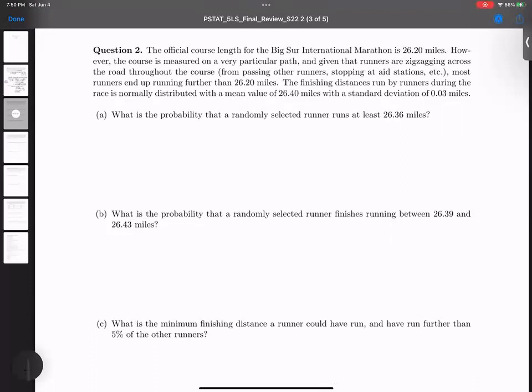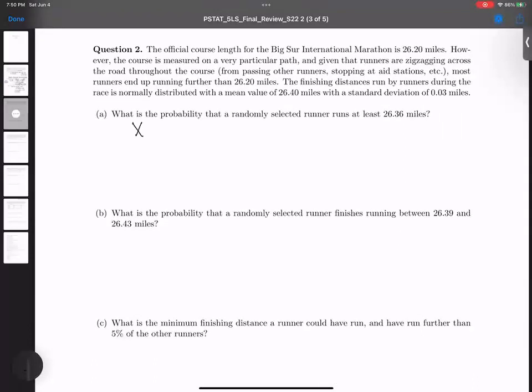So this is just a standard normal distribution probability problem. Let's define X as a random variable with this normal distribution that has a mean of 26.4 and a standard deviation of 0.03.